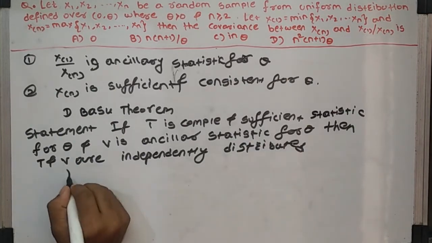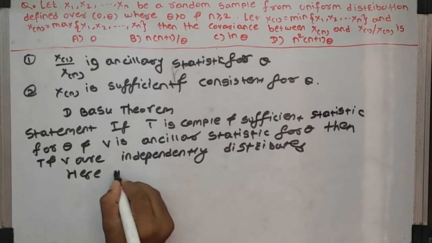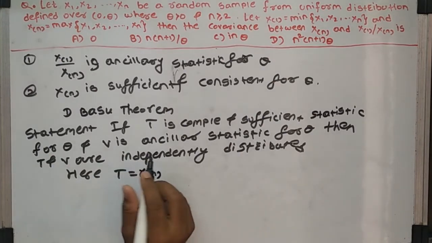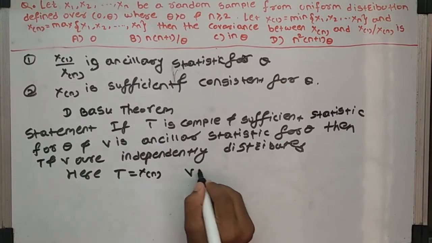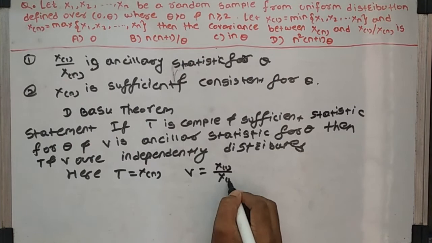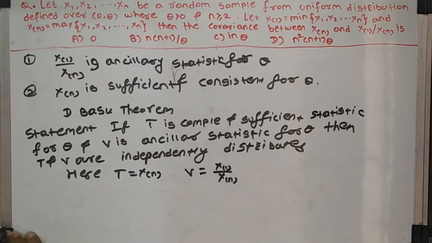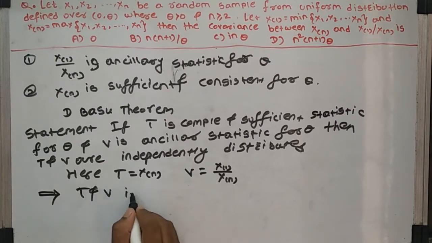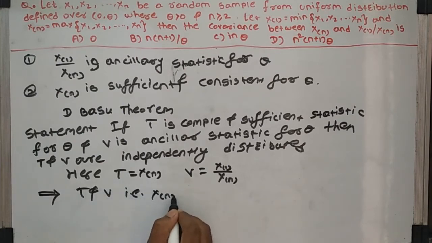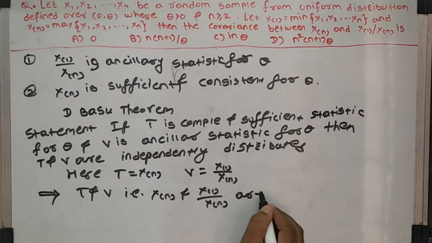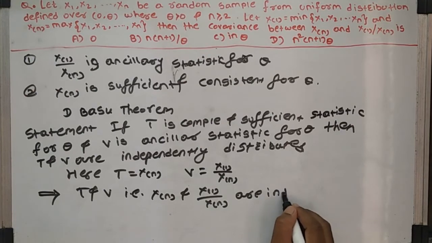Here T equals X(n) is complete and sufficient for θ, and φ equals X(1) upon X(n) is ancillary for θ. This implies that T and φ, that is, X(n) and X(1) upon X(n), are independent.